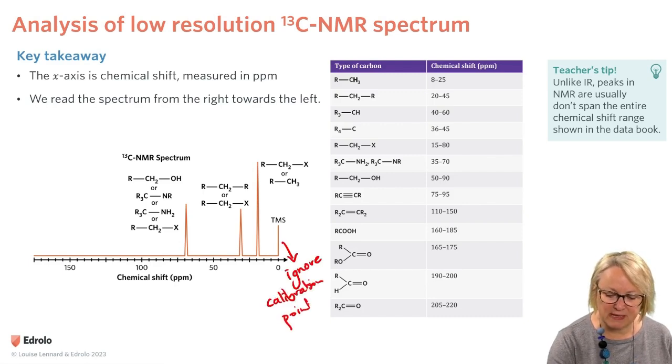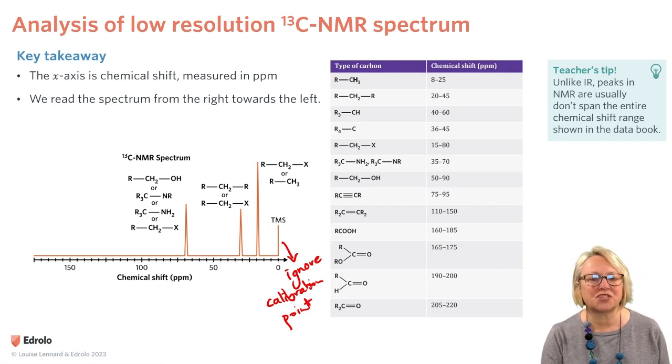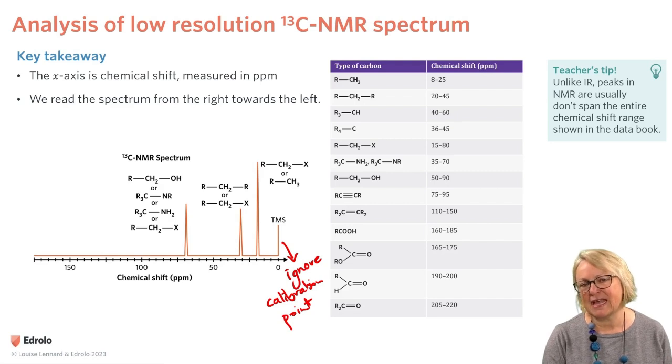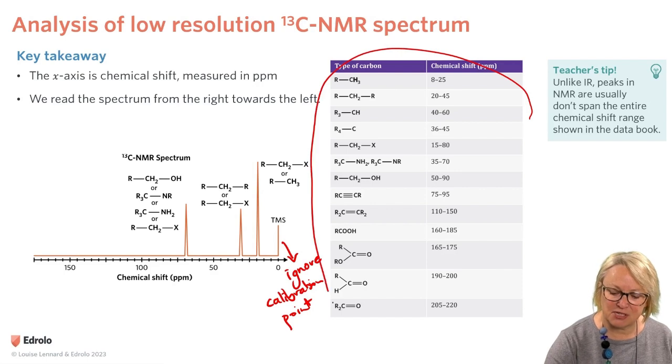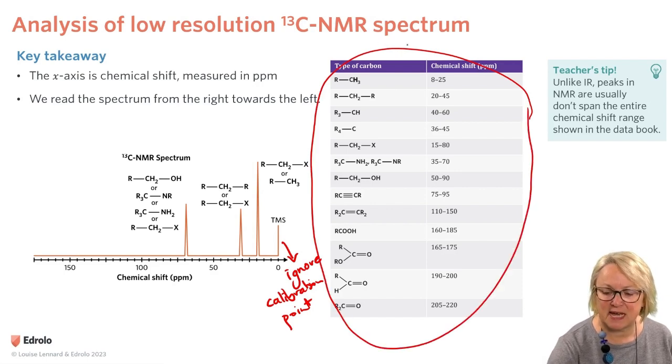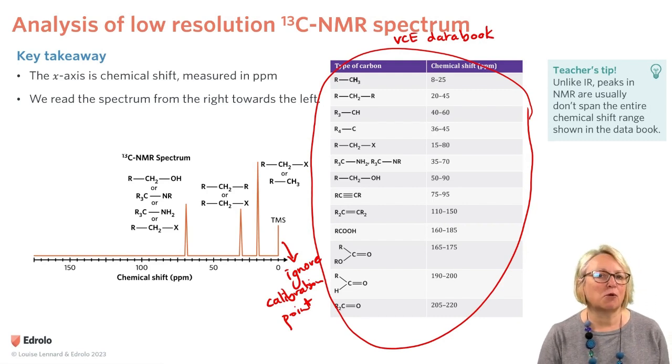But then we can look at the location of the various peaks that are shown, and we can compare the location of those peaks with information in the data book. You're not expected to remember any of this information. You'll always be provided with it, either in the stem of the question or in the data book.